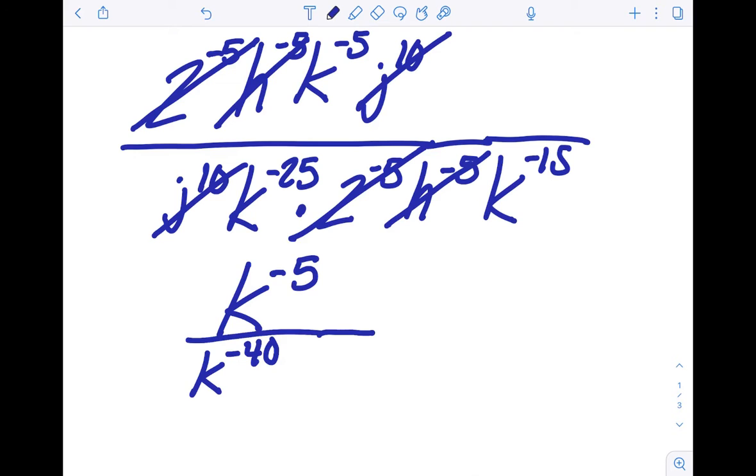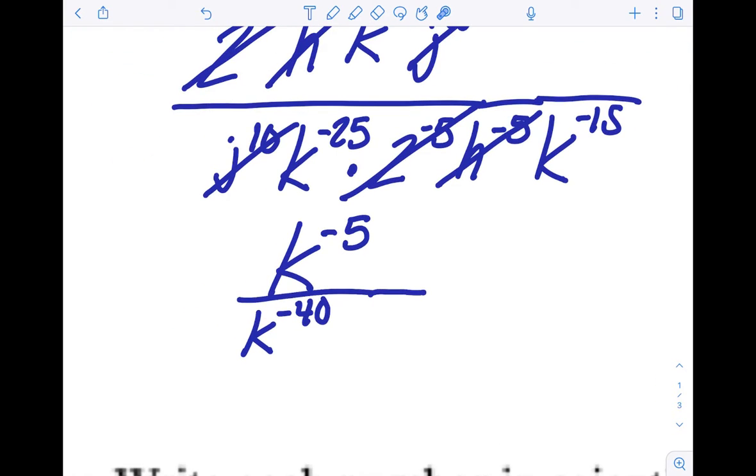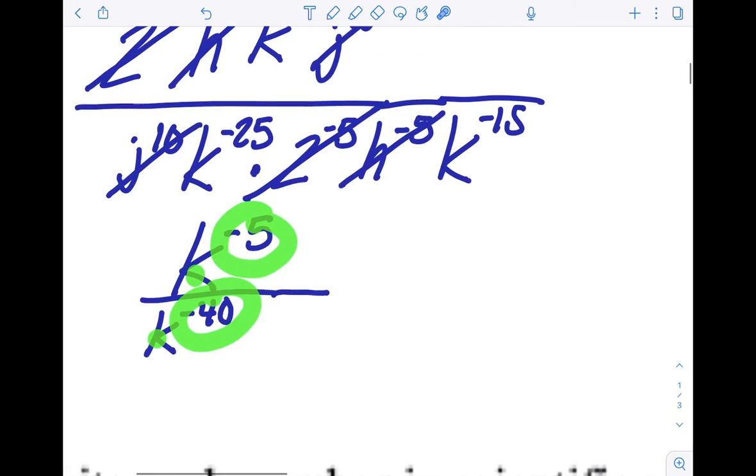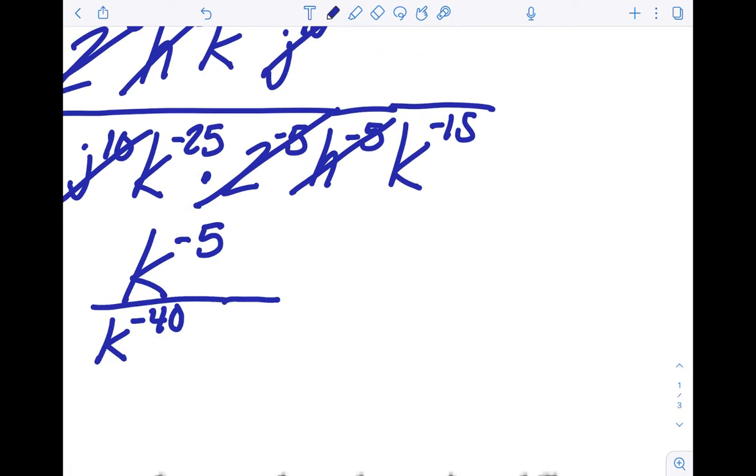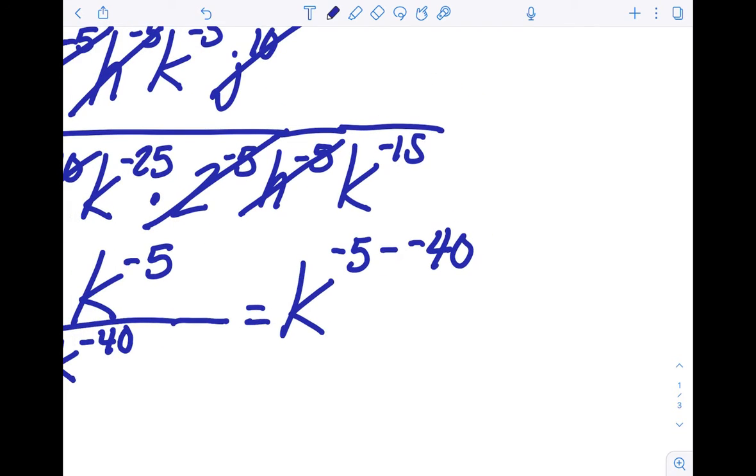Right? And we remember that we just did the division rule, that when we're dividing, we subtract our exponents. So we're going to get k to the negative 5 minus negative 40. And we remember, everybody, that negative negative makes positive.